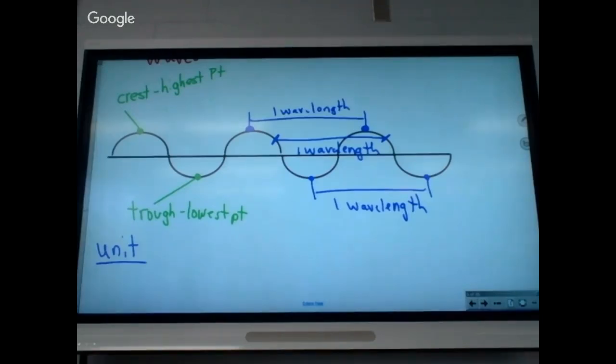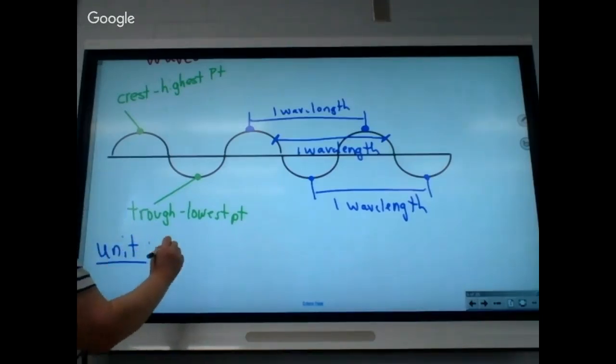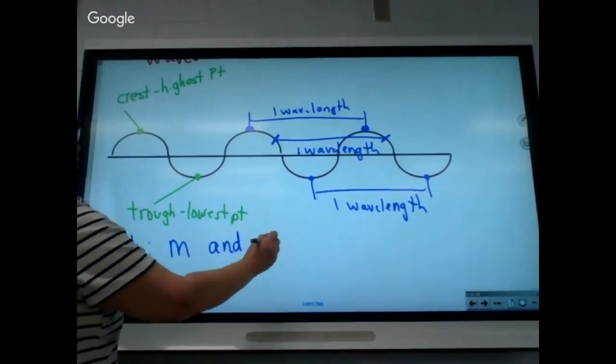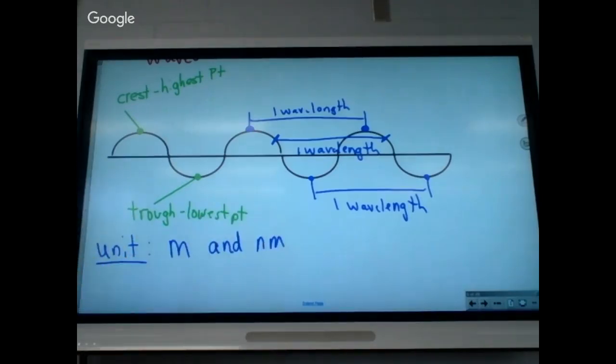The unit we're going to use is going to be meter and nanometer. We're going to learn a new unit today. It's going to be given to you in nanometers, and you're going to have to change it to meters.